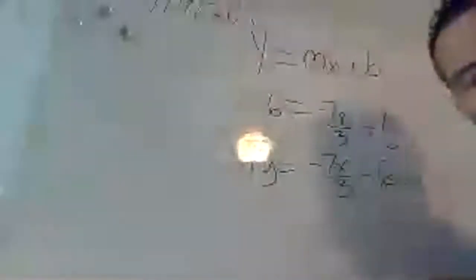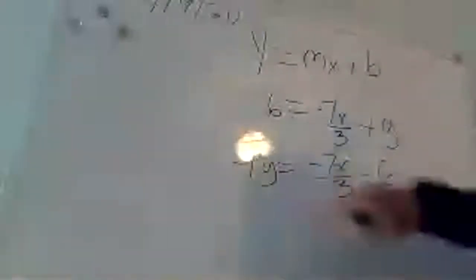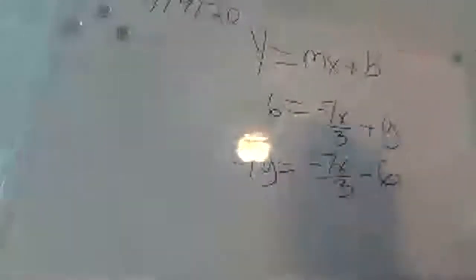Now, can we have the y be negative? Is that the way the formula works? No. So what are we going to have to do so we can take this and make it into the slope-intercept form? Divide it by negative 1. Divide the whole thing by negative 1.